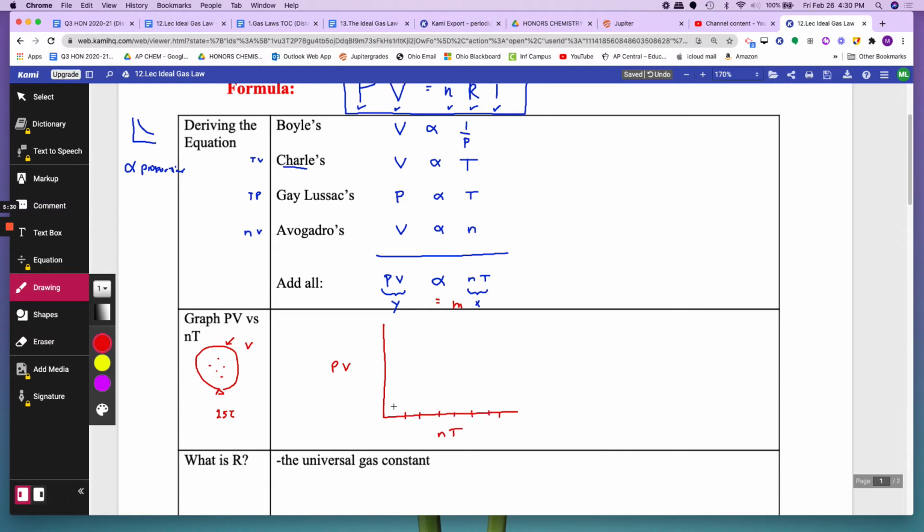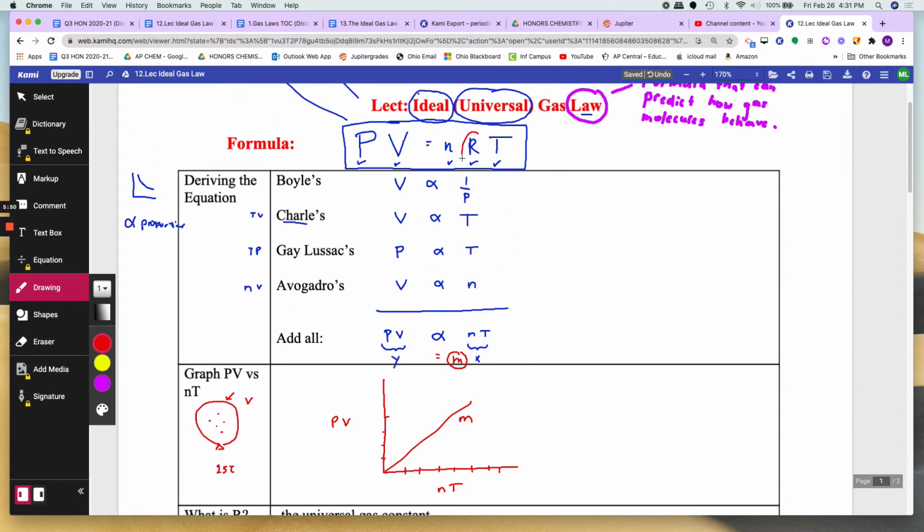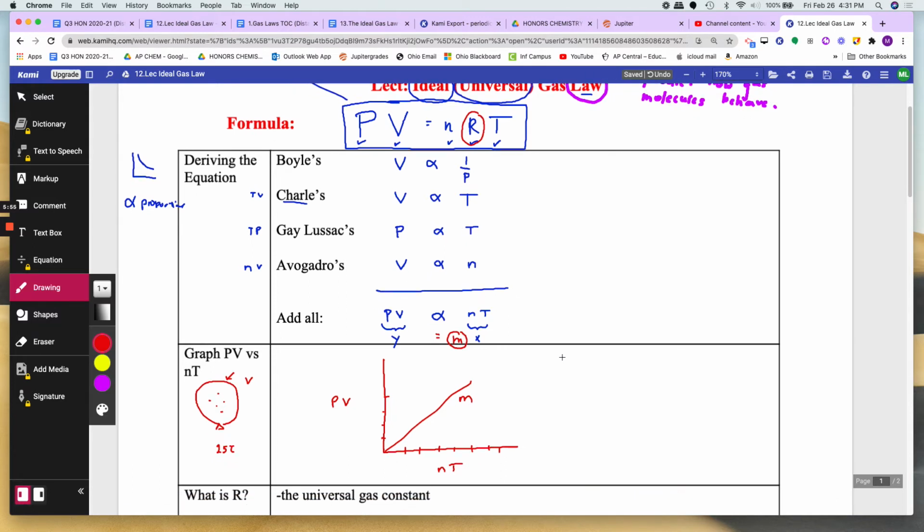Okay. If you plot this, you're going to get a straight line because they're directly proportional to each other. When you plot it, you will get a slope, which is m right here. That slope is pretty much R. So if you rewrite this equation, there's the PV, which is, okay, y is equal to mx, right? The y-intercept is 0, so I'm not adding it.